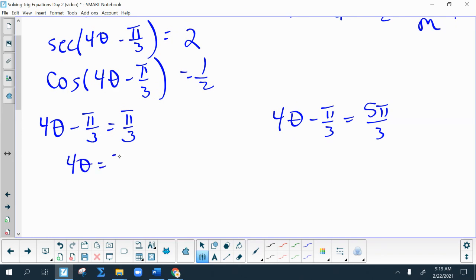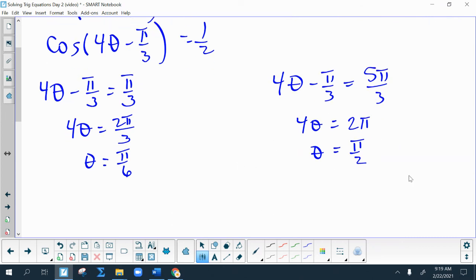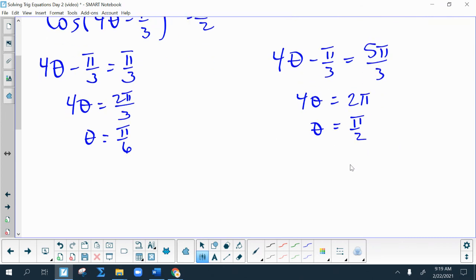Go ahead and add on my pi over 3's. So I get 2 pi over 3, divide by 4, and I get pi over 6. Add my pi over 3, I get 6 pi over 3, which is 2 pi. Divide by 4, I get pi over 2. And now I'm adding pi over 2 on to each of these angles, but these will be the first angles we're going to get.